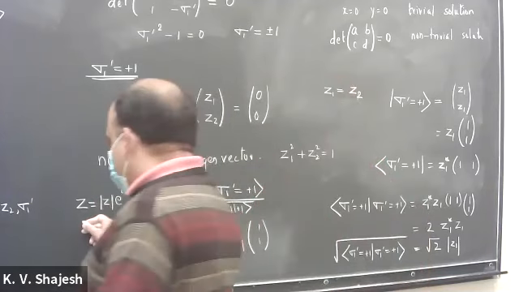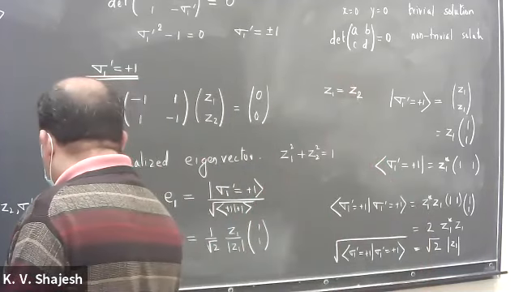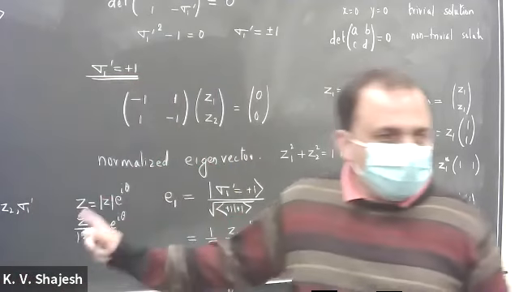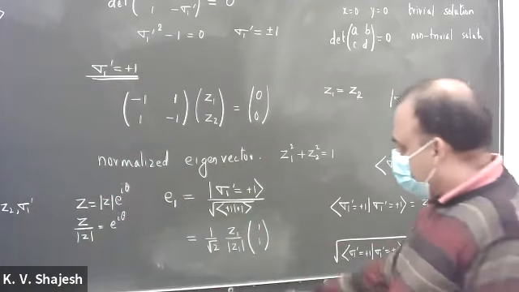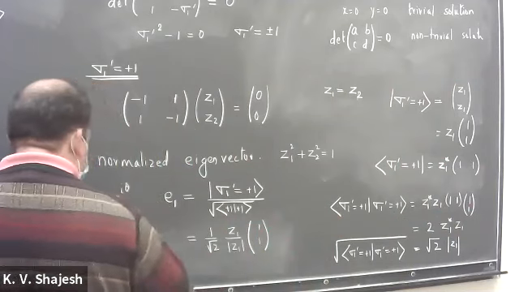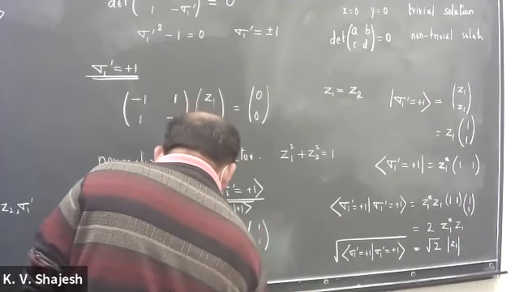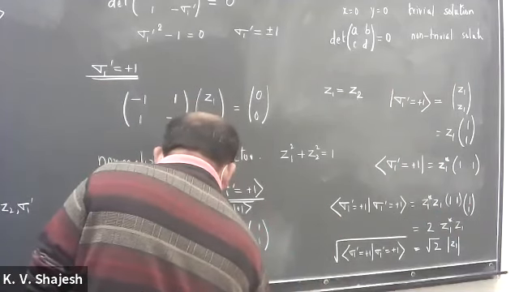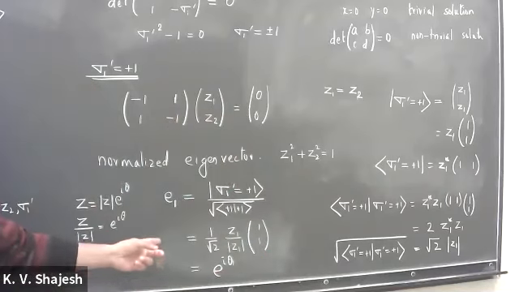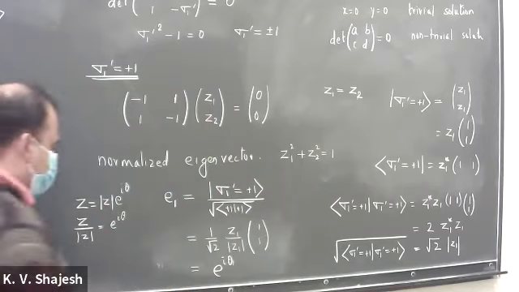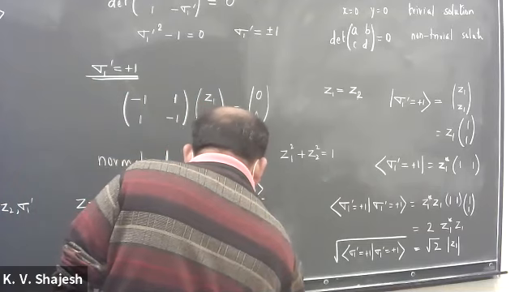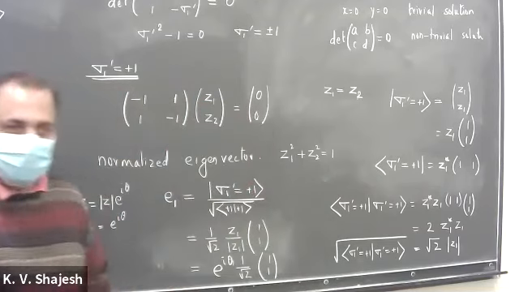If I divide Z by the magnitude of Z, the phase remains. So this is equal to the exponential of i theta 1, where theta 1 is the phase of the complex number Z1, times 1 over root 2 times (1, 1).